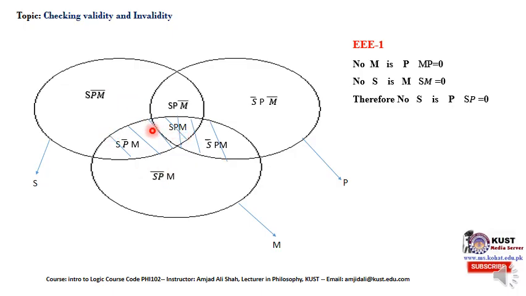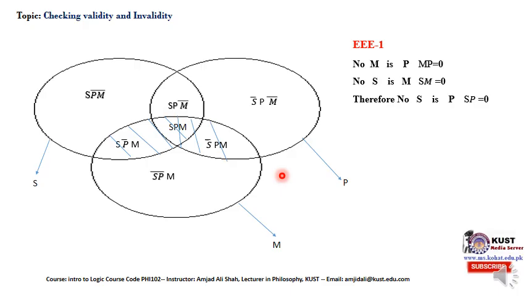So now you are supposed to shade it. Now what does the conclusion say? SP is equal to 0. One SP, the class of SP is shaded. The other remaining one is unshaded. So in other words, our argument is invalid.